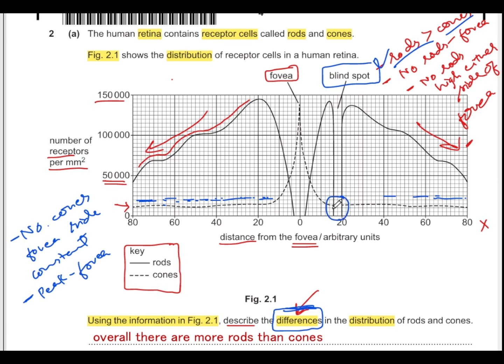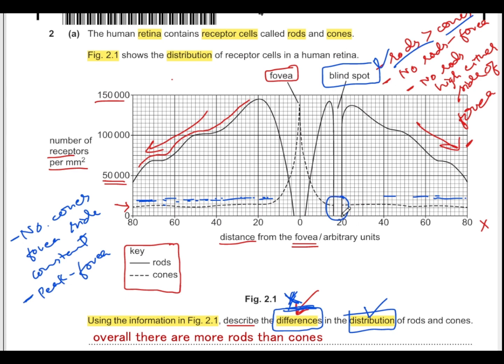If the question is only about distribution and not about the difference, because this is a similarity, we cannot write that in difference. So here it is not a valid point. But in general, if the question is asking about the distribution of rods and cones, then you can write that point as well, that there are no rods or cones present at the blind spot.